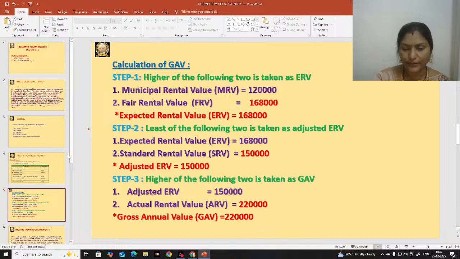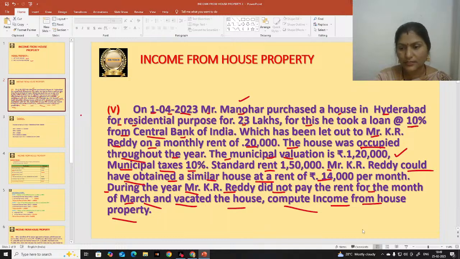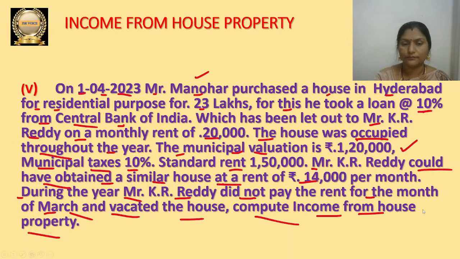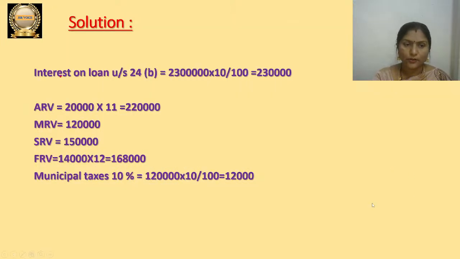Hope this is clear for everyone. If it is clear, we will move on, but before that I will show the solution clearly so you can see this. This is the question, and this is our solution.